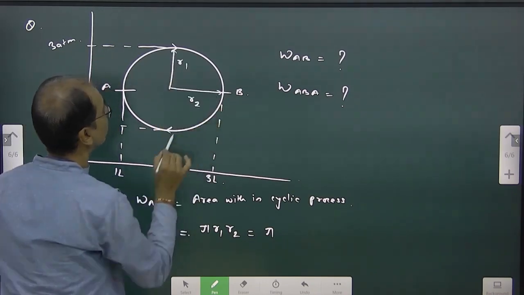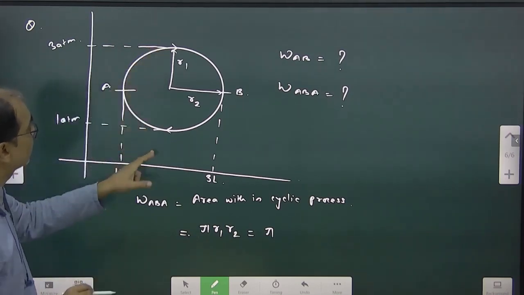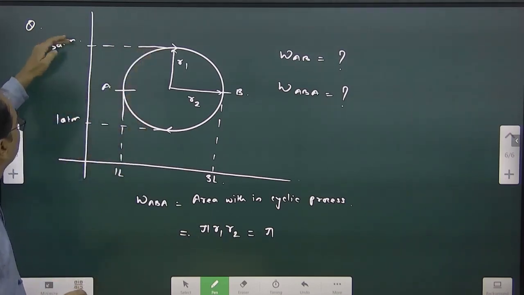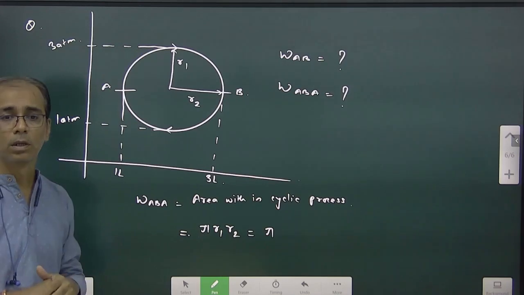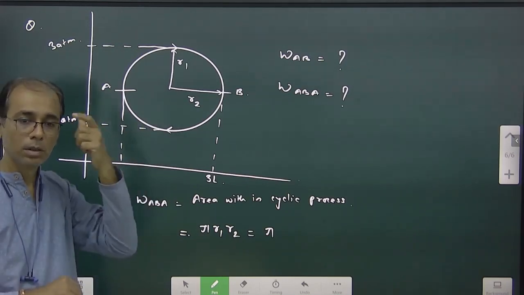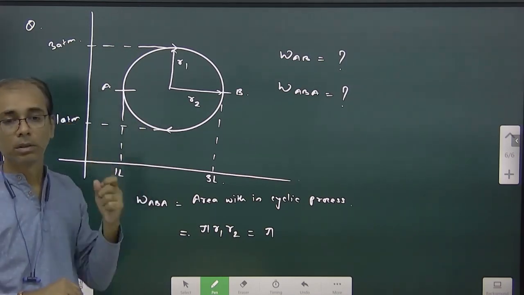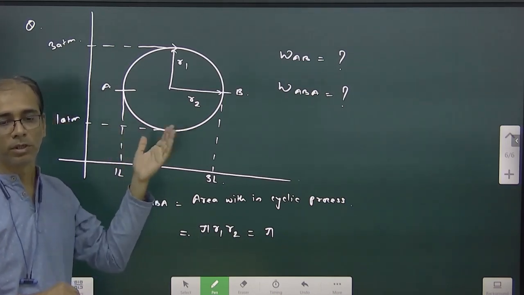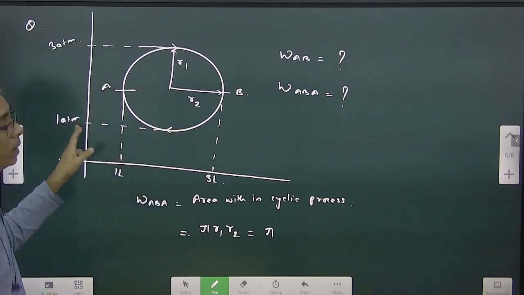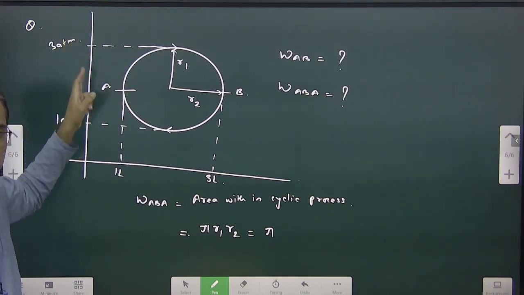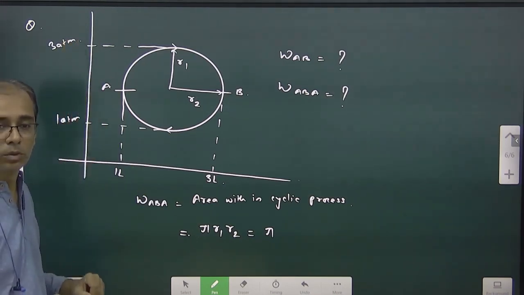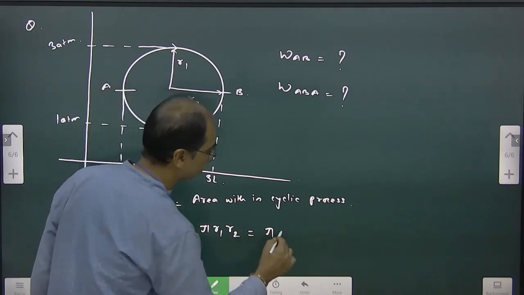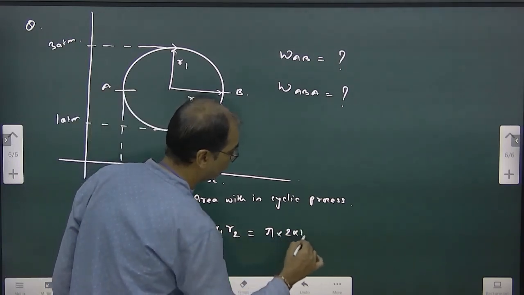What is R1? You see that this is diameter. How much is diameter? 3 atmospheric minus 1 atmospheric, 2 atmospheric pressure is diameter. So radius will be half of that. So 2 atmospheric pressure by 2. 3 minus 1 is 2 atmospheric. That is diameter. Diameter by 2 is radius. So 2 atmospheric. That means 2 into 10 to the power 5.